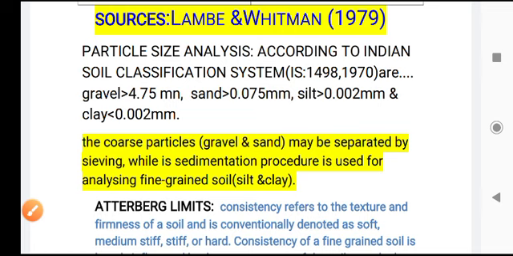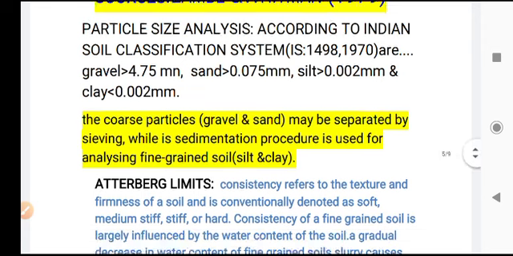The coarser particles may be separated by sieving, while the sedimentation procedure is used for analysis of fine-grained soil. Coarser particles means gravel and sand, and fine-grained means silt and clay.